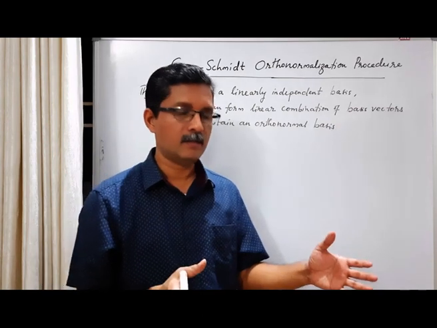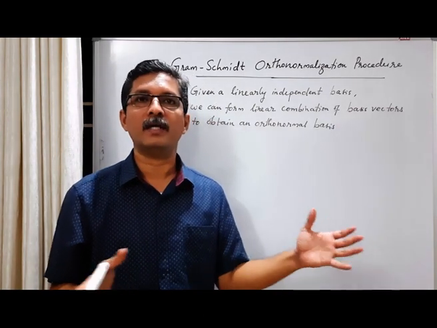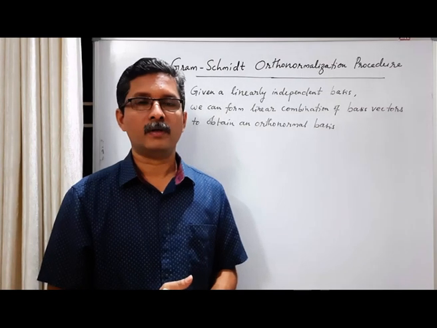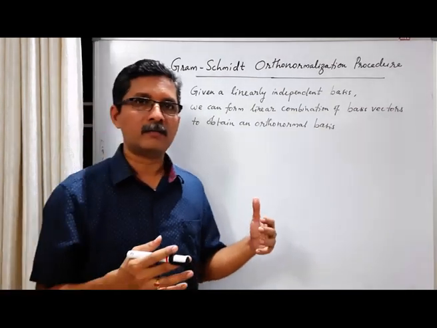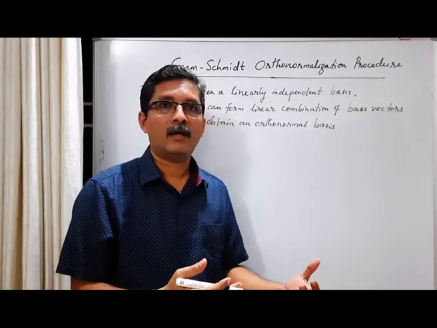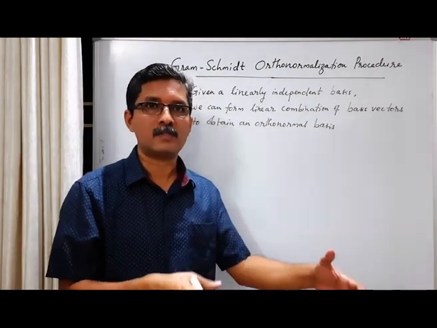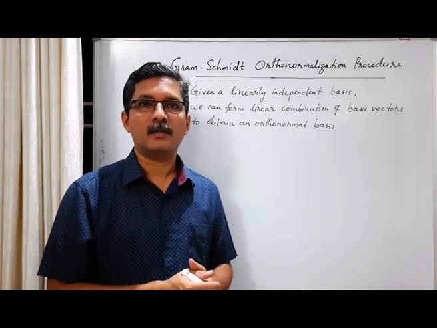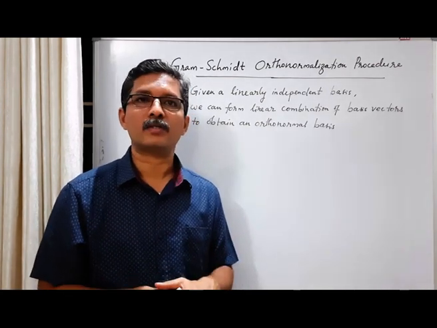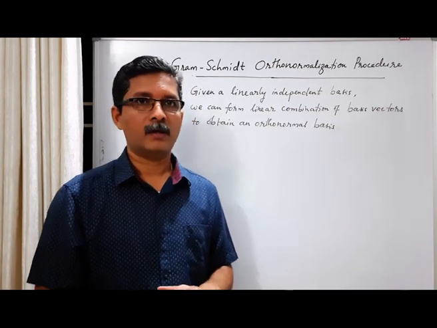So we have a set of basis vectors which are linearly independent. Then this theorem says that we can construct an orthonormal basis from this set of linearly independent vectors by taking proper linear combinations of these basis vectors.